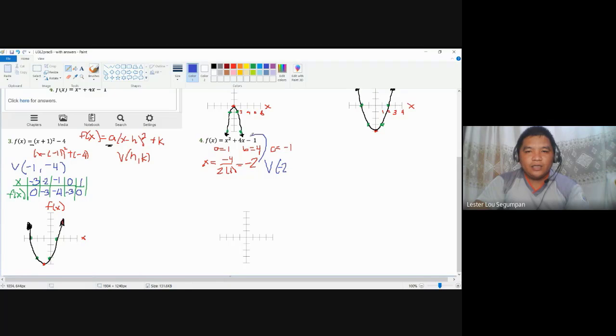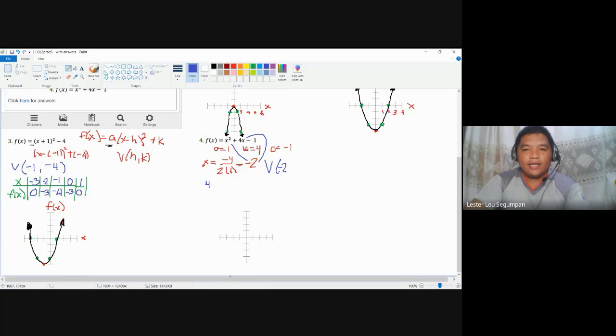Simply substitute here to the given. -2 squared is positive 4.